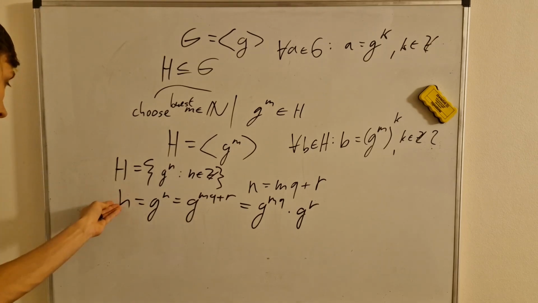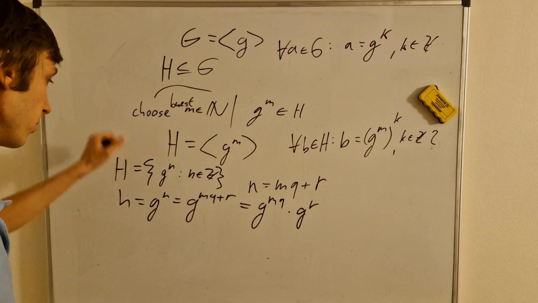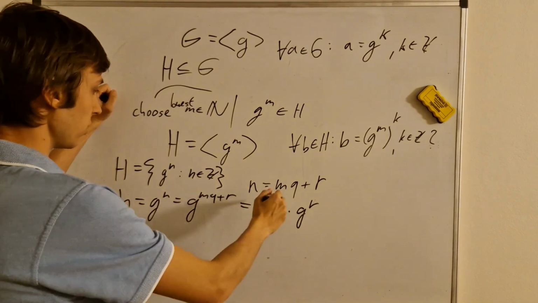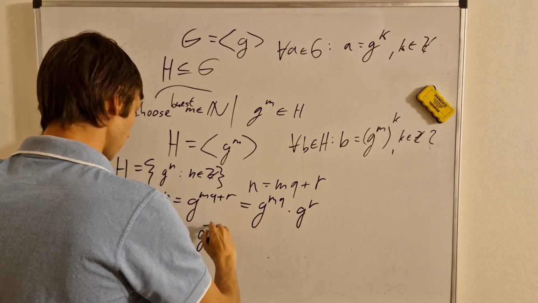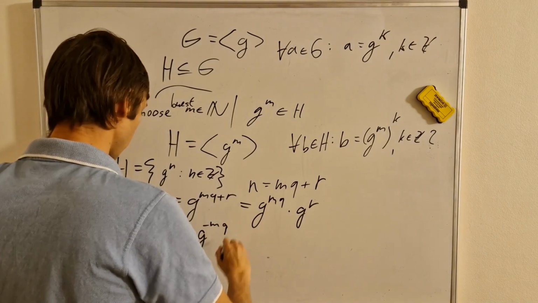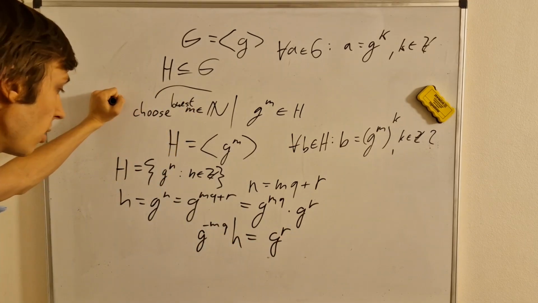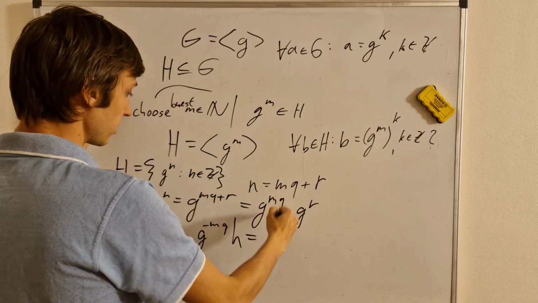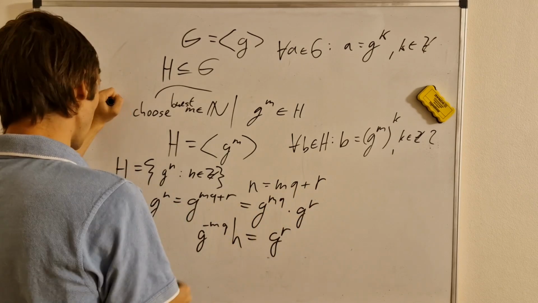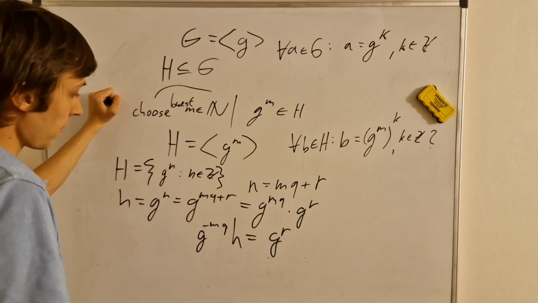We suppose lowercase h is a member of this subgroup H. Let's apply the left operation to invert this thing, so let's just do it on the left like this. We find that G to the minus MQ times h, I just reapply this to the left side to get rid of this and isolate the G to the R, putting it into interaction with this h on the left side.